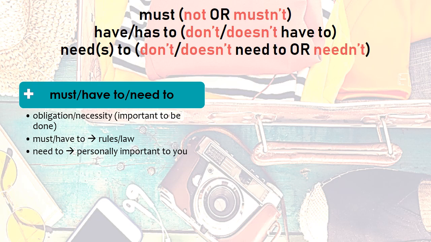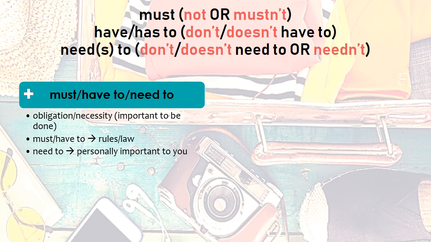And need to is to show that it is personally important to you. Untuk kalimat positif, ketiganya mempunyai fungsi yang sama, yaitu untuk menunjukkan suatu kewajiban atau suatu keharusan. Jadi penting untuk dilakukan.